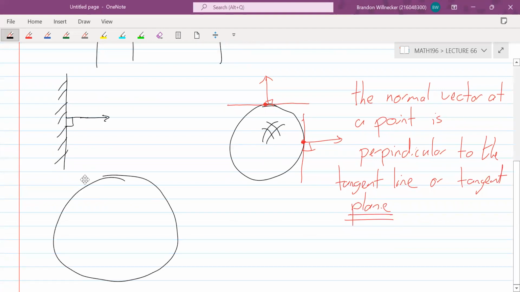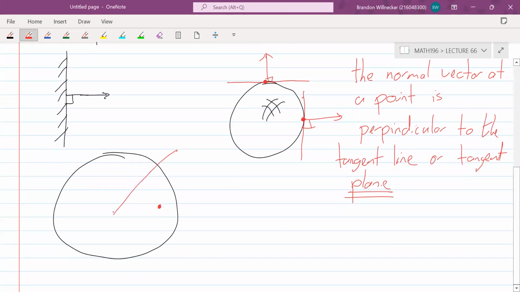We've got the ball. At some point here, we've got a point. We can draw what's called the tangent plane, like that. It's like if you take a piece of paper and put it on the ball, it's going to be tangent at just one point. It's just touching it at one point, and we've got this 2D surface going there.